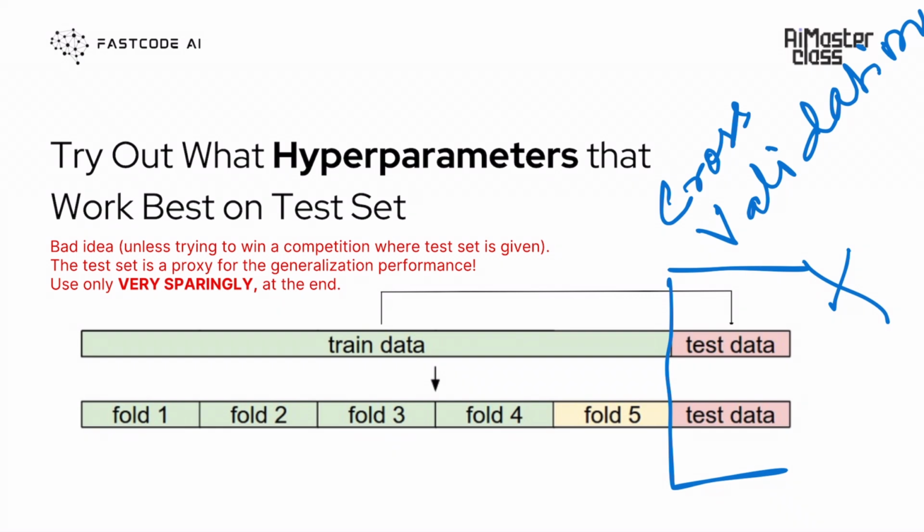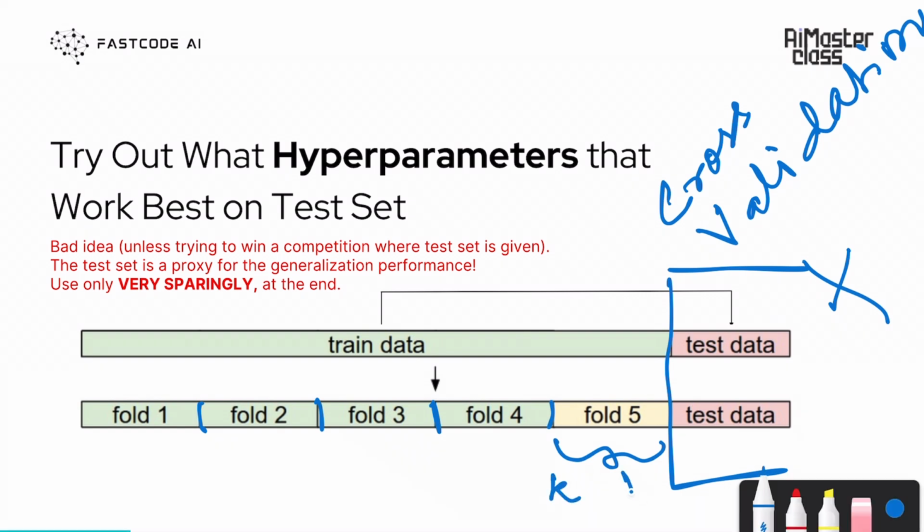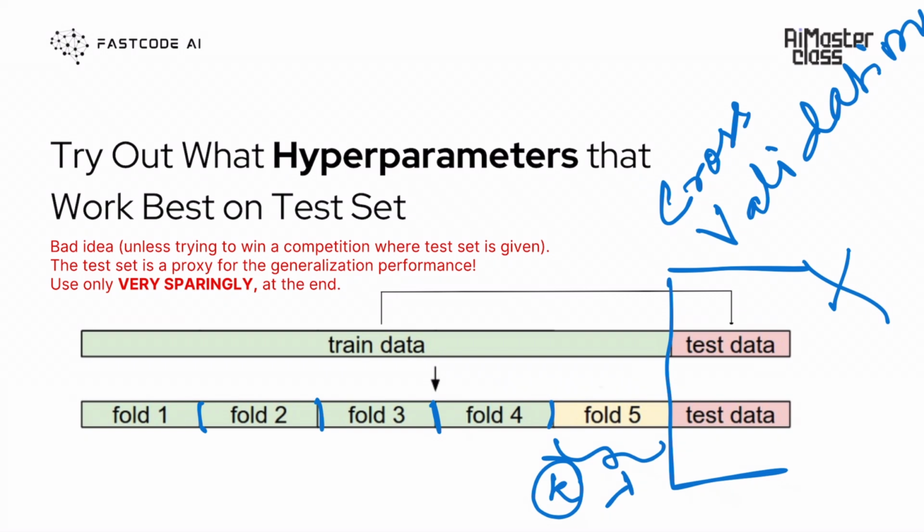All it means is you will divide your training data into these 5 sets, and then you will use any one set, let's say in this case fold 5, to fit your hyperparameters, to find the value of k, to find the value of lambda. And whatever best value you get, for whichever value you get the best performance on this data, that is what you will then use to test on your test set eventually.